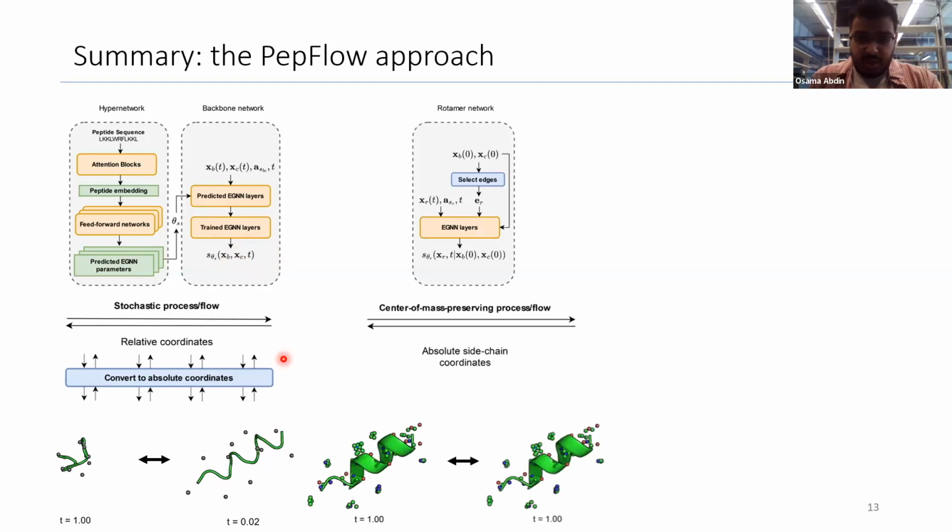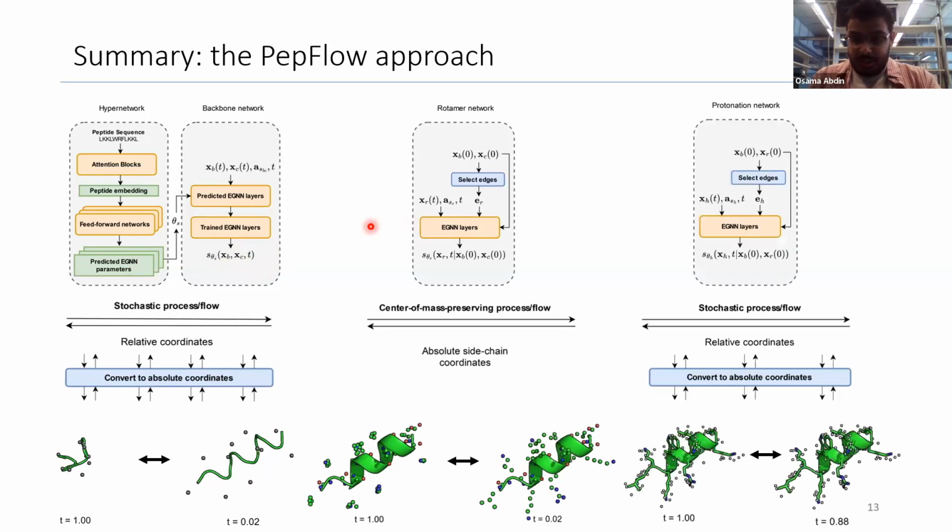These positions are then used to define edges in a graph that's processed by another network to generate the dynamics for the purpose of sidechain rotamer generation. And finally, a similar process is used to generate the positions of the protons in the peptide conformation.